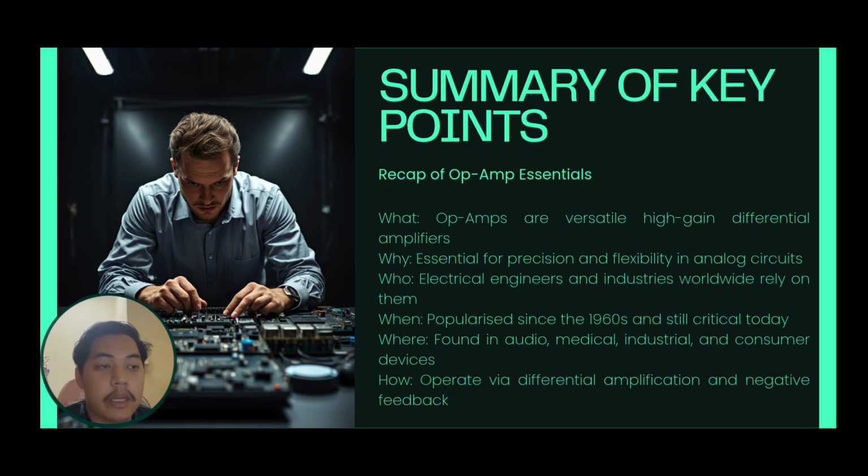Electrical engineers and industries worldwide rely on them, and even mechanical engineers can use them. They became popular since the 1960s and are still used today. We commonly find examples of operational amplifiers in audio, mechanical, medical, industrial, and consumer devices. And they operate via differential amplification and negative feedback.